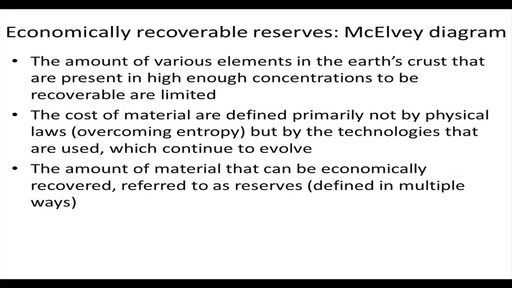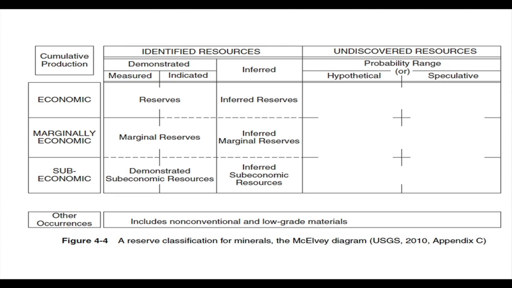The amount that can be economically recovered is known as reserve, and it is defined in multiple ways. Look at this reserve classification, the McKelvey diagram, from a USGS 2010 report, where they looked at cumulative production, which is economic, marginal economic, sub-economic, and then some other occurrences, non-conventional and low-grade materials.